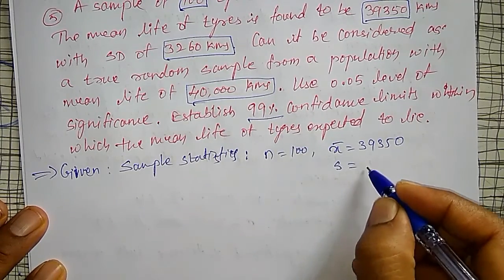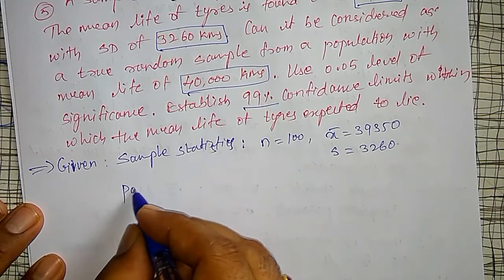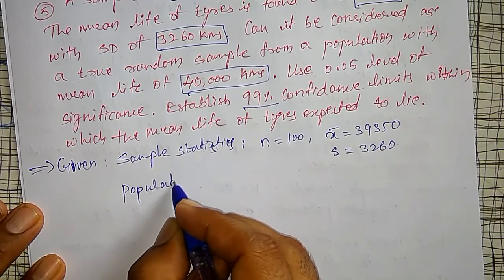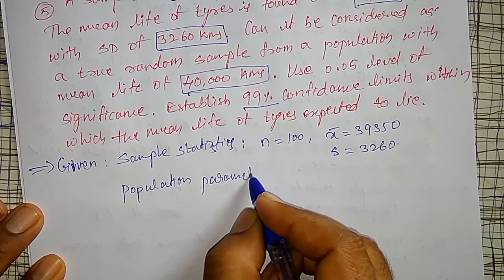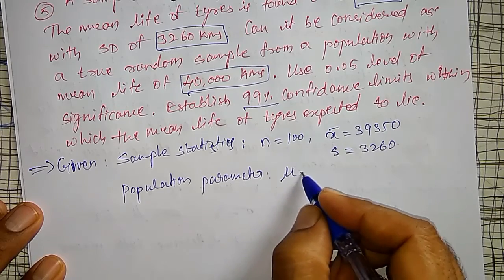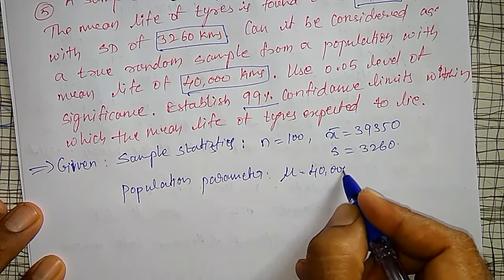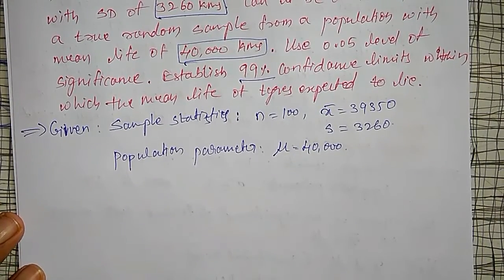And the population parameter mu is given, that is 40,000. Using them I have to solve.